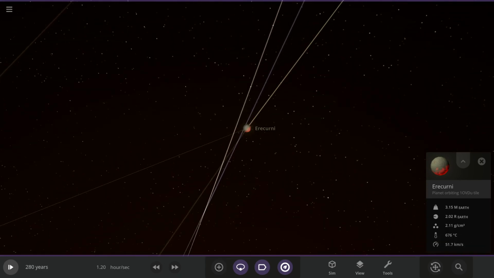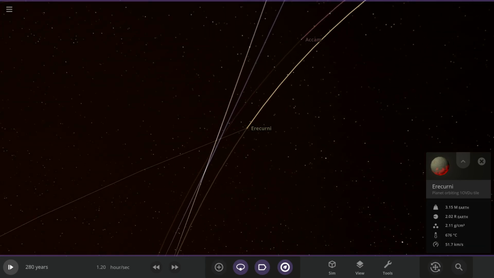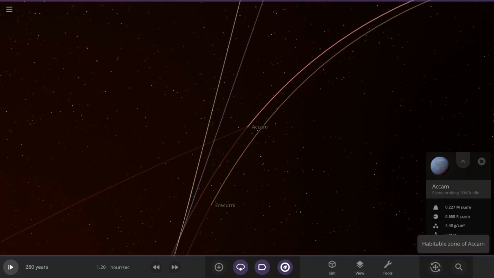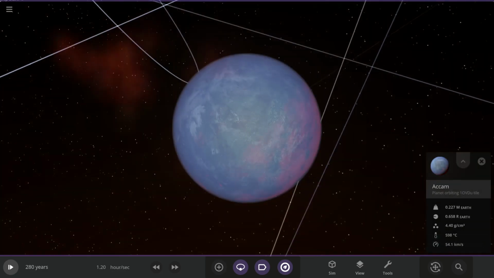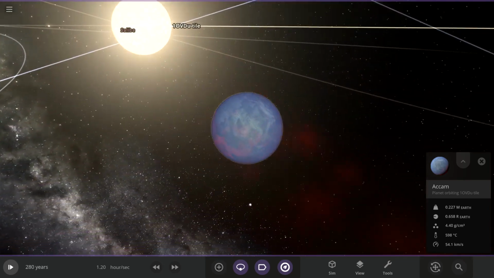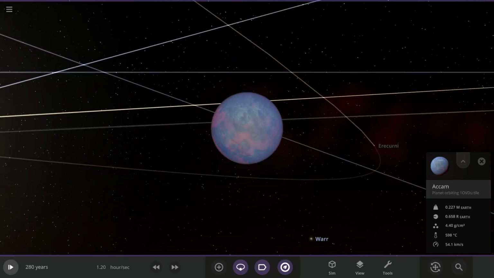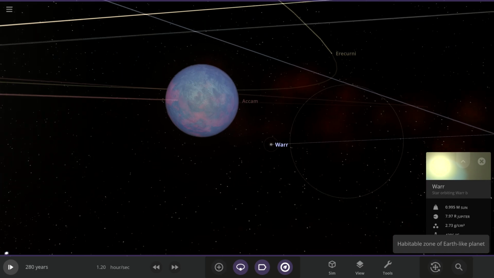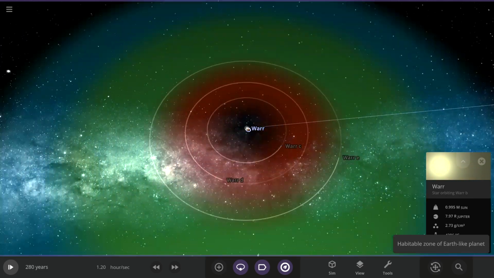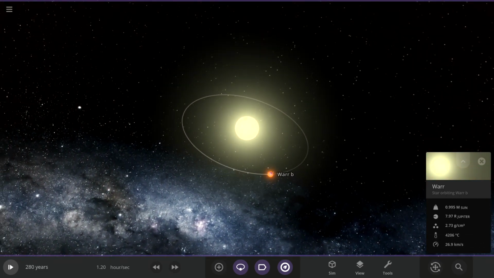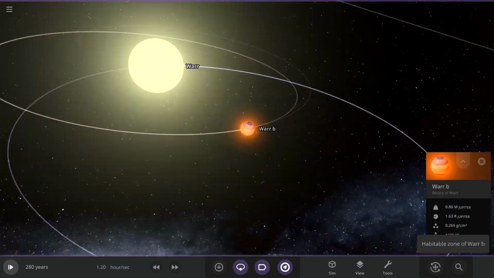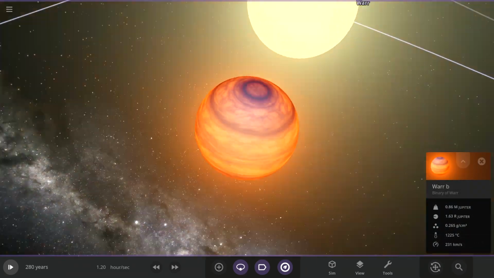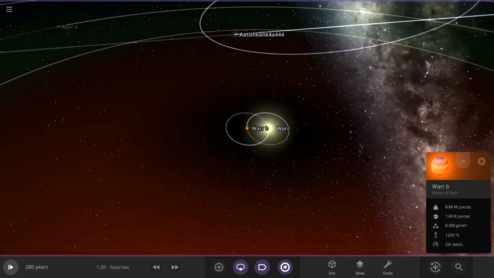Ericurni, okay. Hot planet, and then Akam. Another burning planet. And then we go War with 2 R's, which I'm pretty sure was from the last one. A hot Jupiter, like very hot.